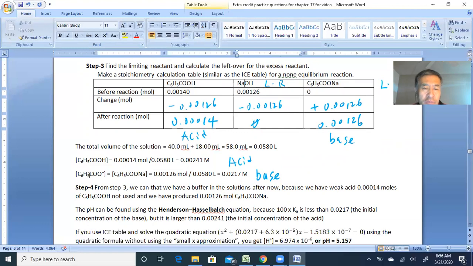Then the produced conjugate base: this is really the base, this is the salt. The salt moles produce this much, in a 1:1 ratio. Therefore, we find this conjugate base molarity by using the moles of the salt divided by the volume, and get this molarity of the base.